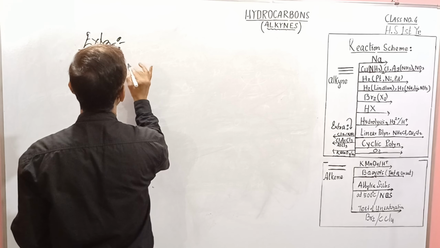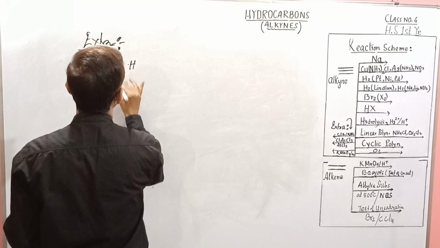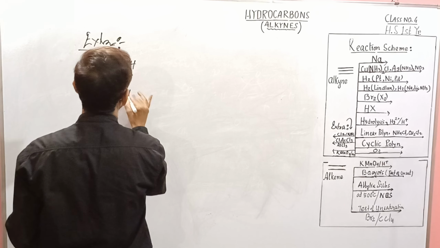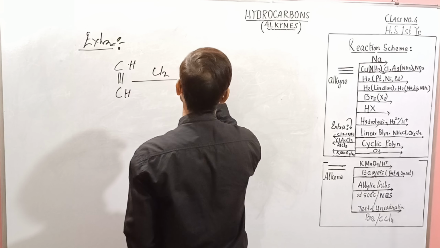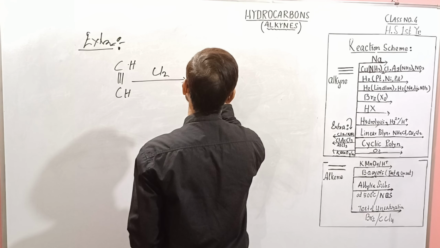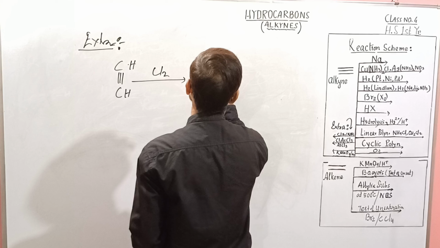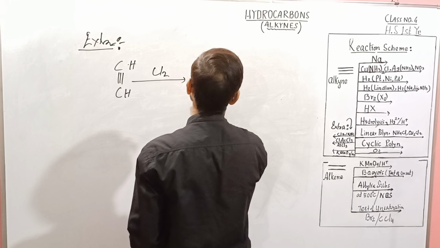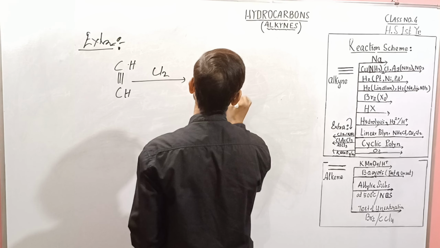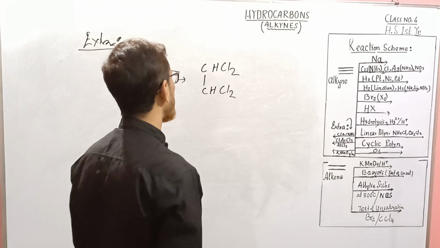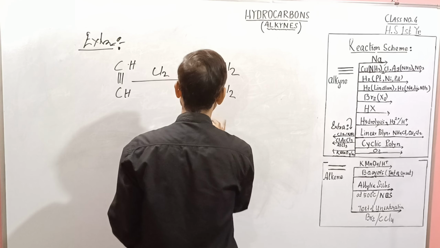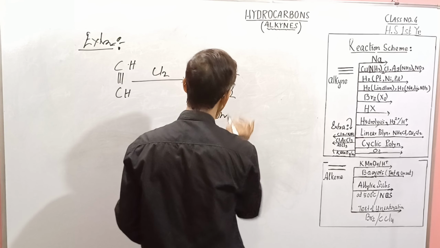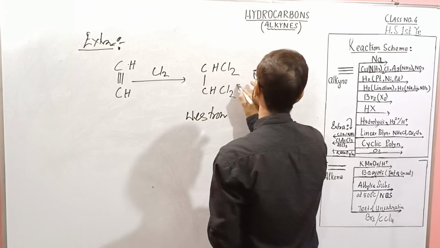Acetylene, CH triple bond CH. When it is made to react with chlorine, that gives you this, and that is called, very often asked in the exam, Westron.